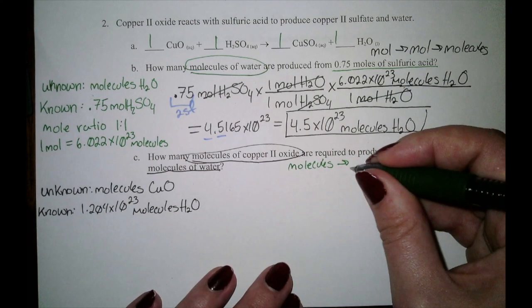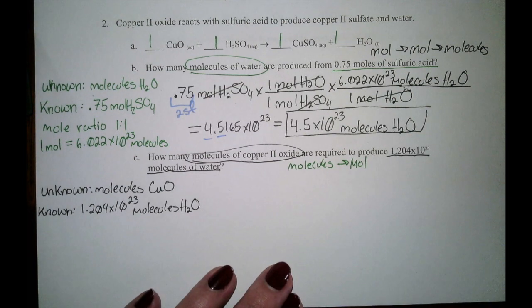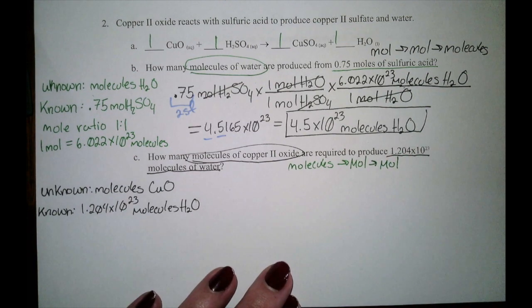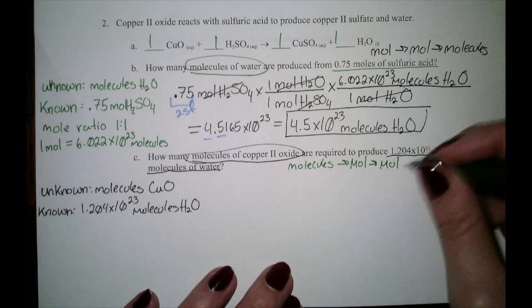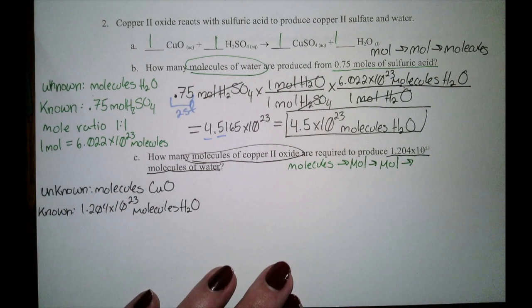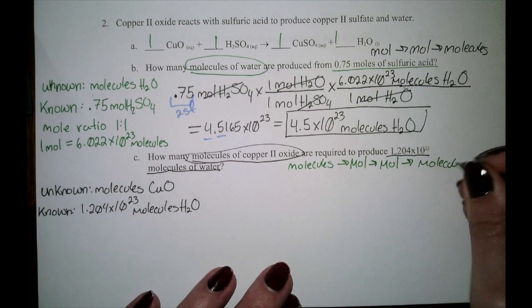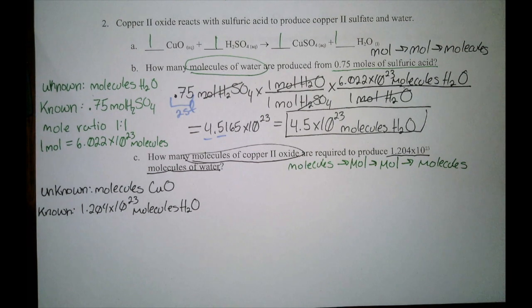So I'm going to have to convert from molecules of water to moles of water, then from moles of water to moles of copper 2 oxide, and then lastly, at the end, I'll be able to convert from moles of copper 2 oxide back to molecules of copper 2 oxide. So this is a little bit longer. This is a 3-step process, but we set it up the exact same way.